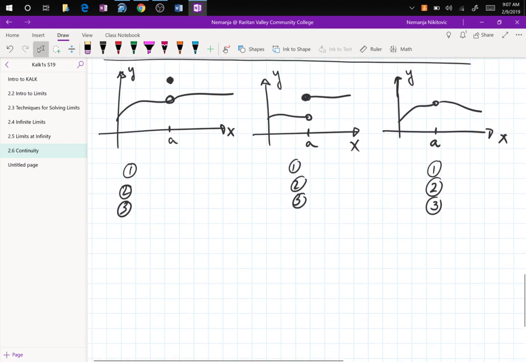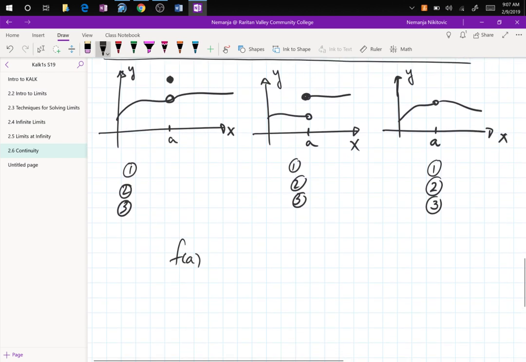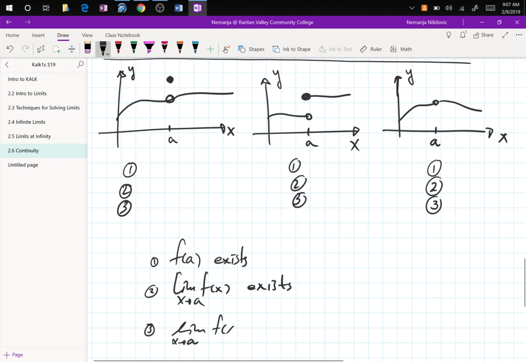The rules are: f of A exists, limit of f of x exists as x goes to A, and rule number 3, if those two are the same. I've seen students write 1 is equal to 2, like this as well, whatever.